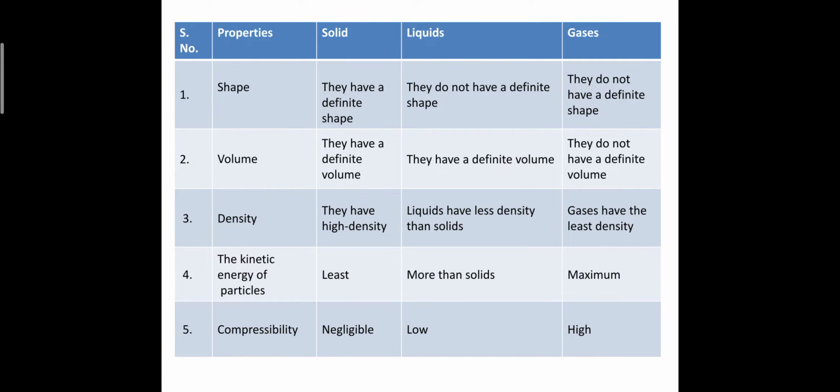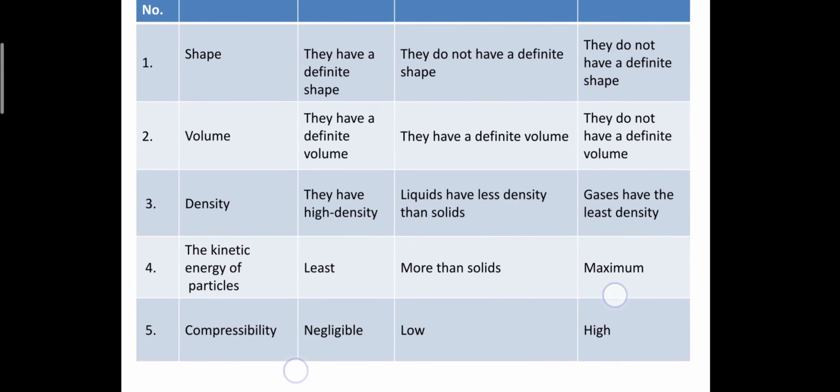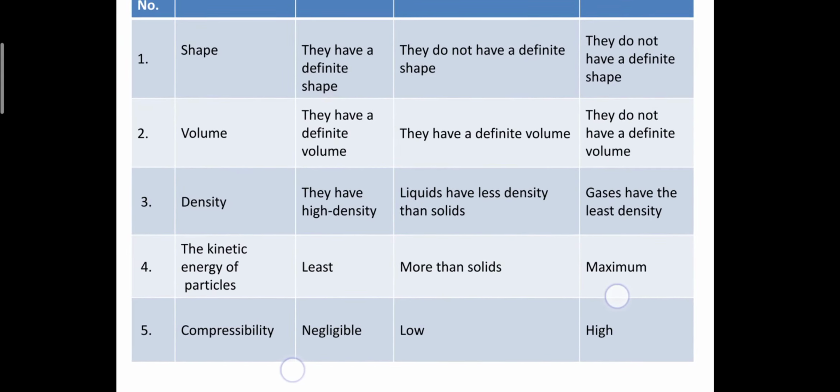Now, shape. If we talk about the shape of solid, liquid and gas, solids have a definite shape, liquids do not have a definite shape, neither do gases. Solids have a definite volume, liquids also have a fixed or definite volume, but gases do not have a fixed or definite volume.